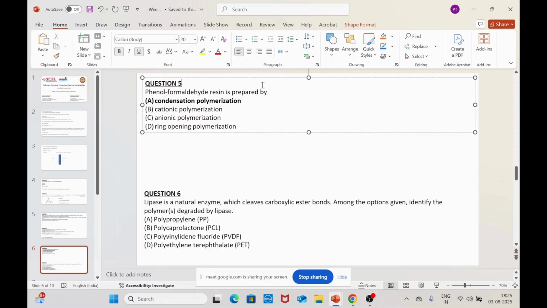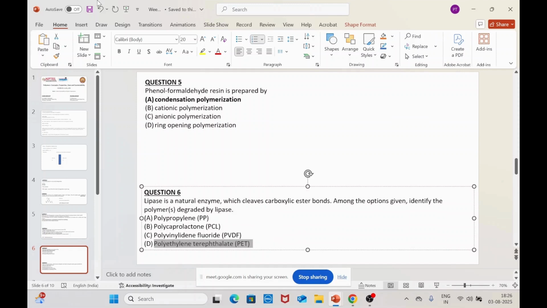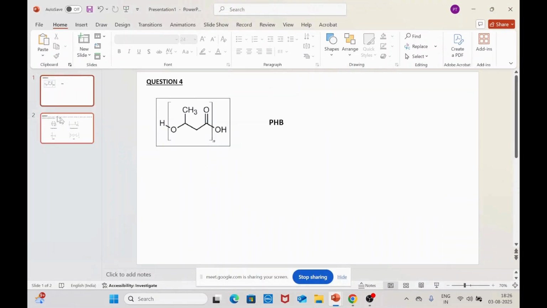Only PET. Yeah, D, PET is correct. That is one of the correct answers. Polycaprolactone also has an ester bond which can be cleaved using this lipase enzyme. So let me just show the structure.